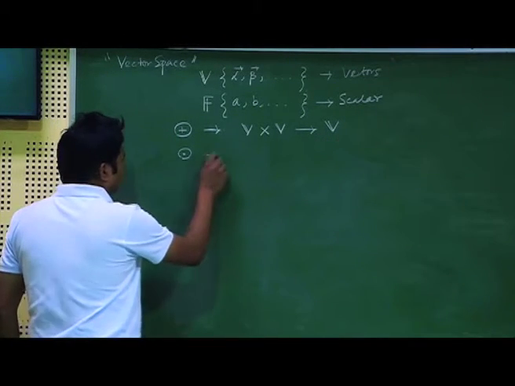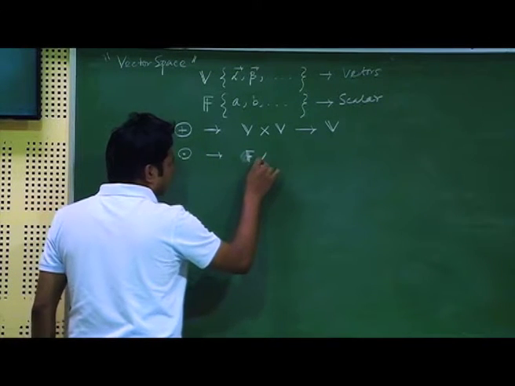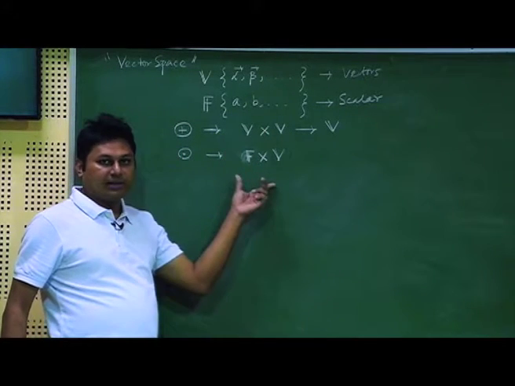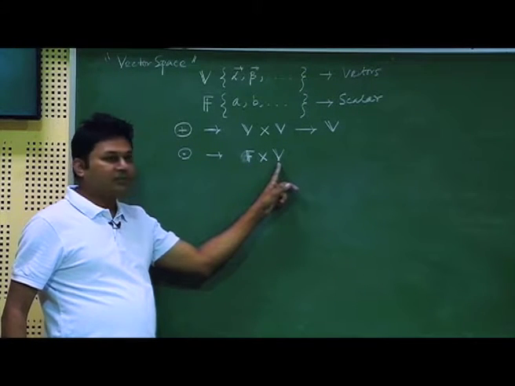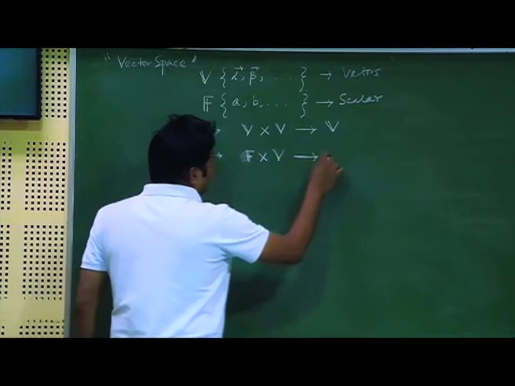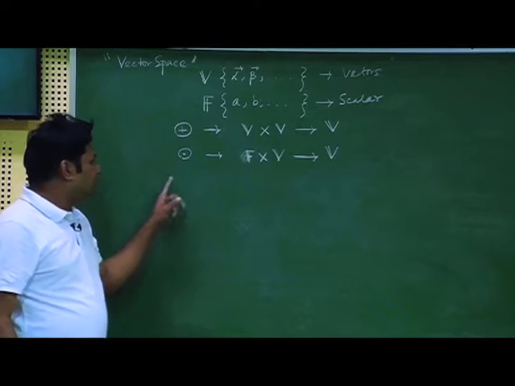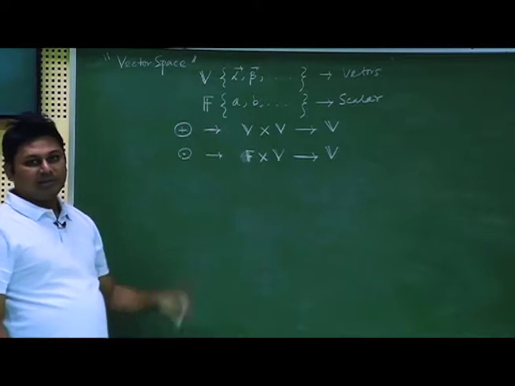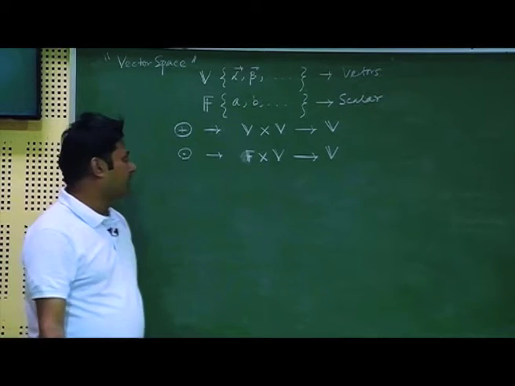In a similar way, for dot, I take one element from the field and one element from the vectors, and whatever result I get is a vector. This is the rule you should remember.